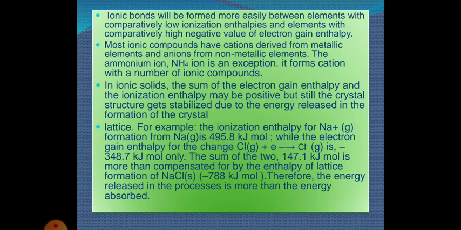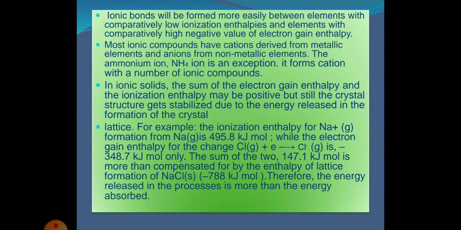Now students, ionic bonds will be formed more easily between elements with comparatively low ionization enthalpies and elements with comparatively high negative value of electron gain enthalpy. These are the two important factors in which ionic bonds can form.